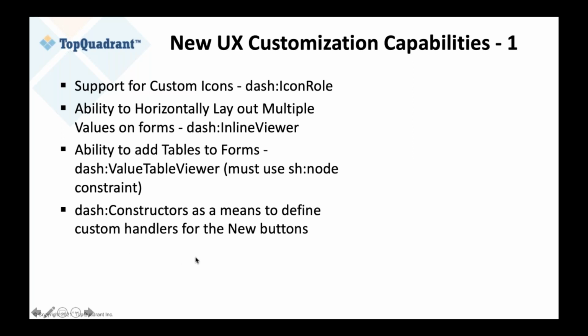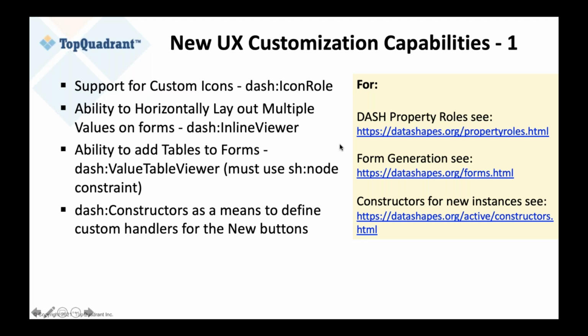And then dash constructors allow you to define custom actions for the new buttons, also an important feature. How to use all of these features is discussed more in the documentation pages that you see linked here, and I will also point out certain aspects of it in the slides that follow.